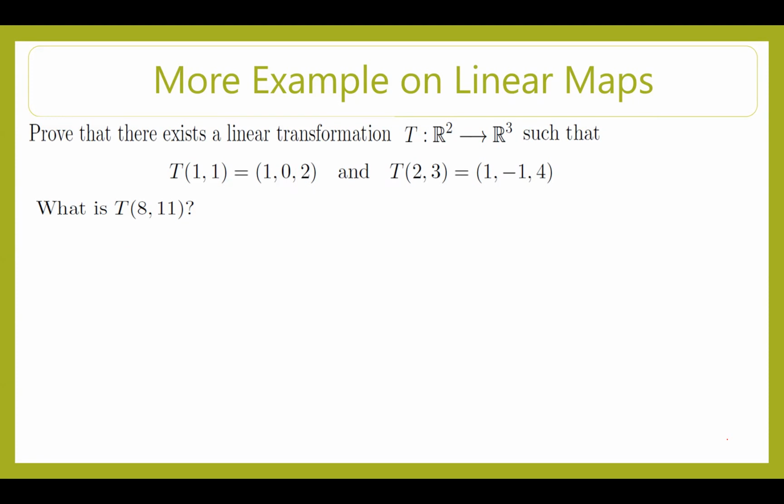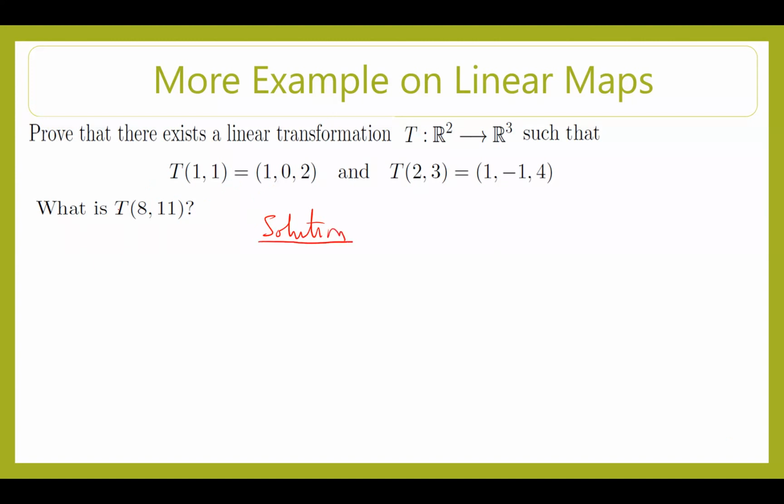But the first theorem I proved shows us that we don't even need to know what T is explicitly. We just know that if we have a basis and I apply T to each vector in the basis, I can get another vector in the codomain. All right, so let's look at this together. So, solution.